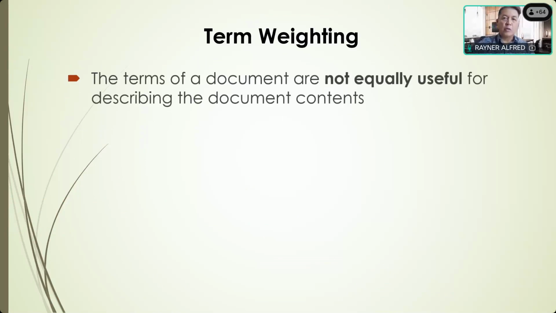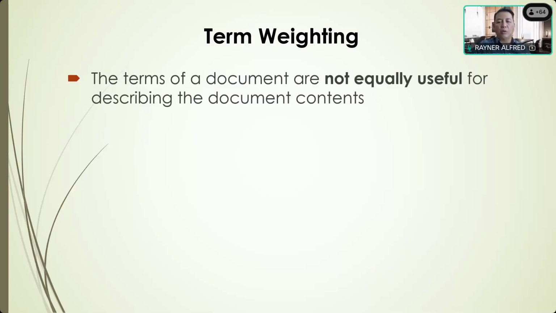Okay, so for the term weighting model, the terms of a document are not equally useful. Some of them do not carry any meaning, so we throw them away. Some of them exist so many times, so that means they are very important.